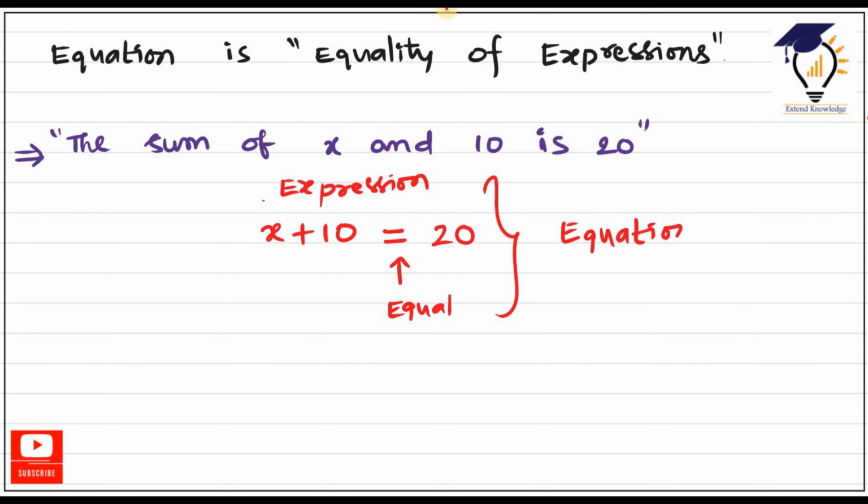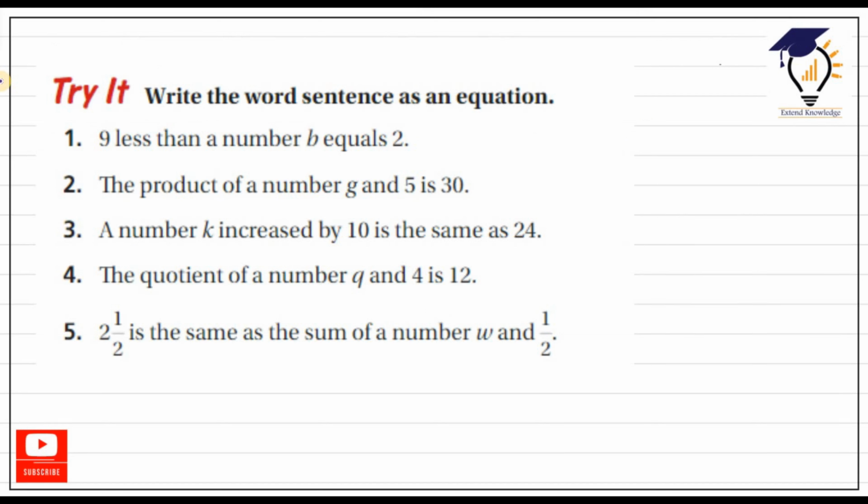We can solve a few more of this type. Let's try some sentences which we have to convert into an equation. The first sentence: 9 less than a number b is equal to 2. We can write this as b minus 9 is equal to 2.